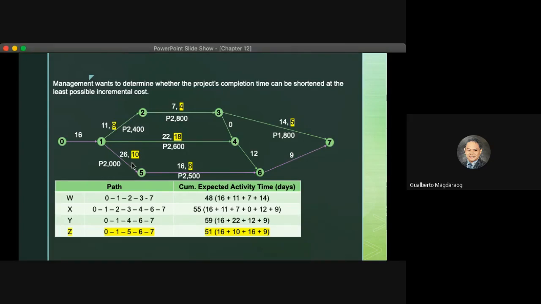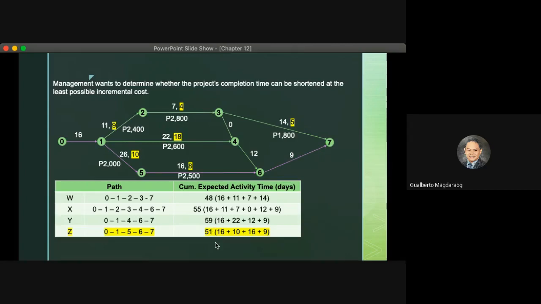Okay, so 16 plus 10, the crush time, plus 16 plus 9, and that equals 51.